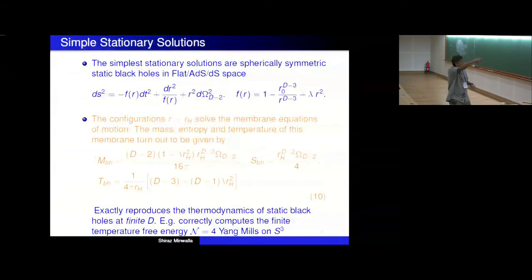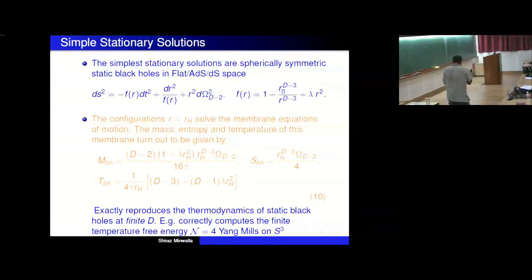One or two last things I want to tell you about this. In the case of stationarity, if you take our leading order membrane equations, the ones I've presented in these slides, and you compute the simple static solutions of these equations, for instance, I told you about everything in flat space, we can generalize it all to work in AdS space. So let's do that. You take a little black hole in AdS space, you compute the thermodynamics of a spherical ball there, and then compare it to what you get out of Einstein's equations.